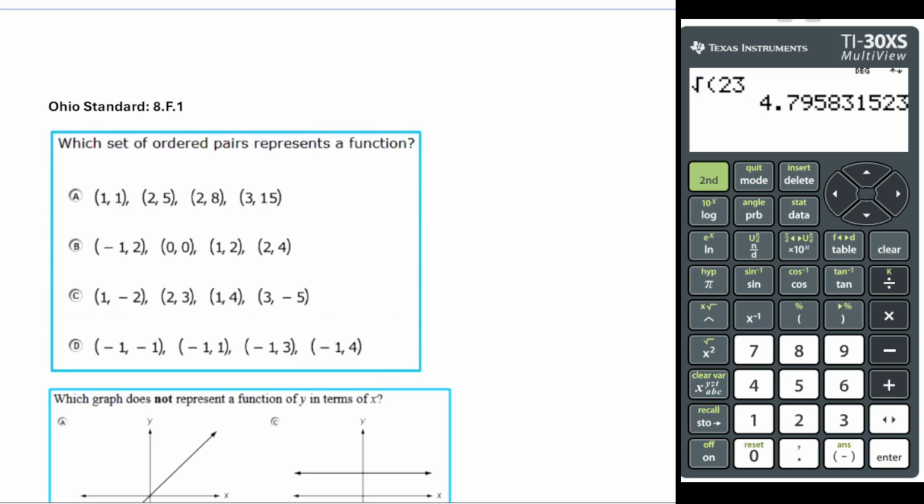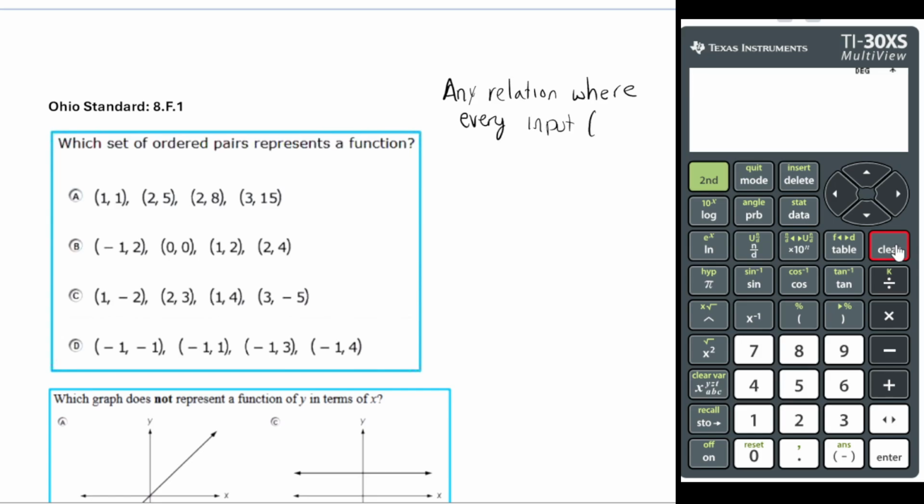Okay, so we talked about functions a bit during class. The thing about functions is a function is any situation or any relation where every input x has exactly one output, y.